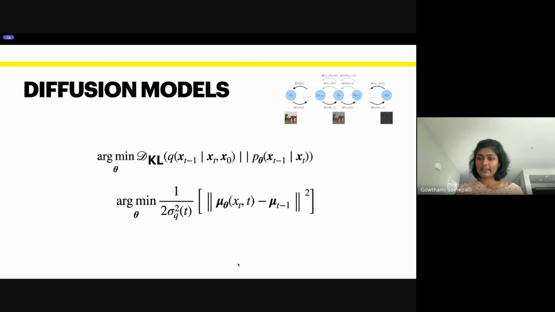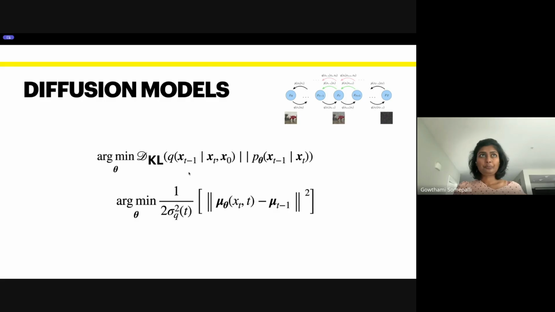Again, it's a design choice, it doesn't come naturally. We are making a design choice that for this particular function we use a neural network to predict the mean, while we keep the variance constant, a time dependent constant, the same as this particular distribution, which we can compute analytically.